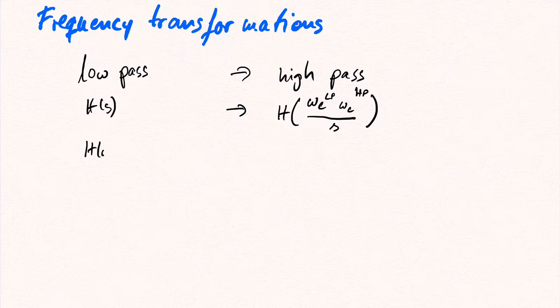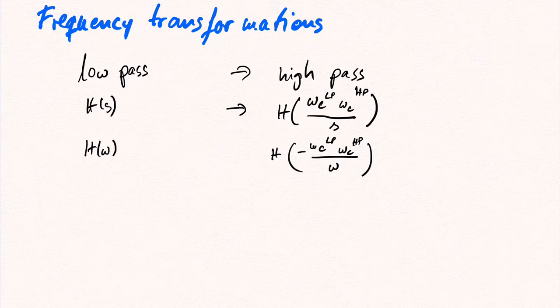Instead of getting the frequency response of the low-pass filter H(ω), ω is substituted by −ωc,LP · ωc,HP / ω, such that we get the frequency response of the high-pass filter. Of course, ωc,LP is the cutoff frequency of the low-pass filter, and ωc,HP is the desired cutoff frequency of the high-pass filter.